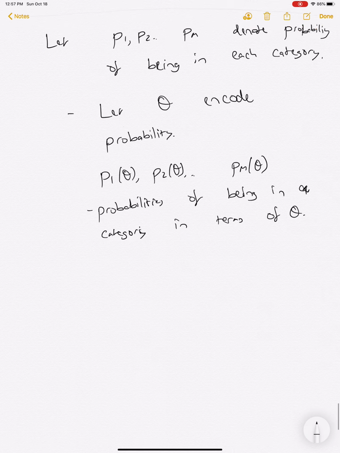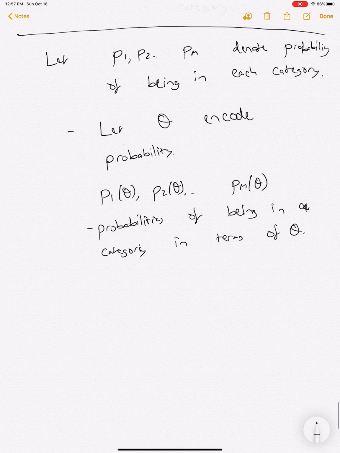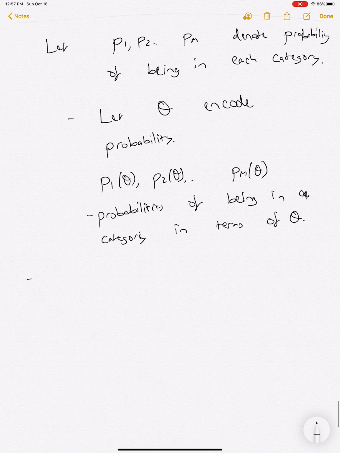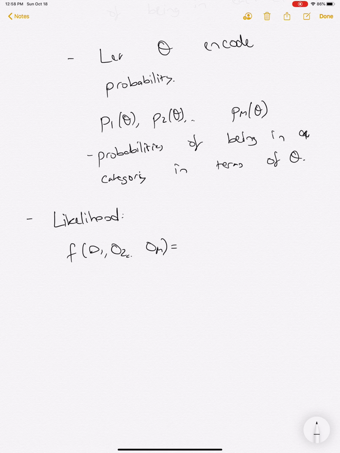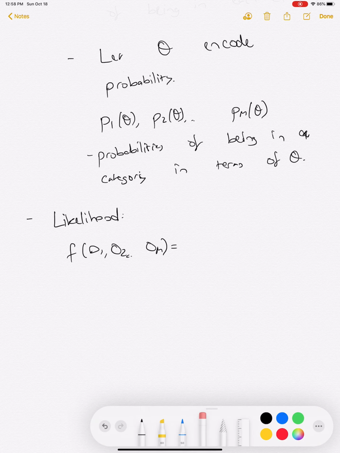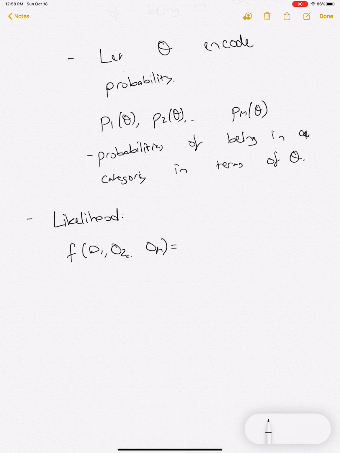Okay, and so the overall likelihood, or we can say f of O1, O2 up to OM, in this case is just the product of these various probabilities.